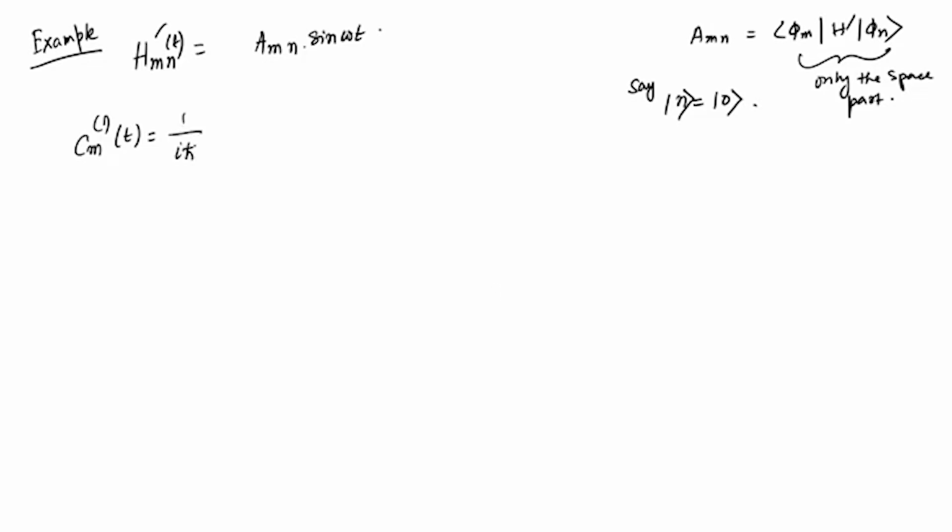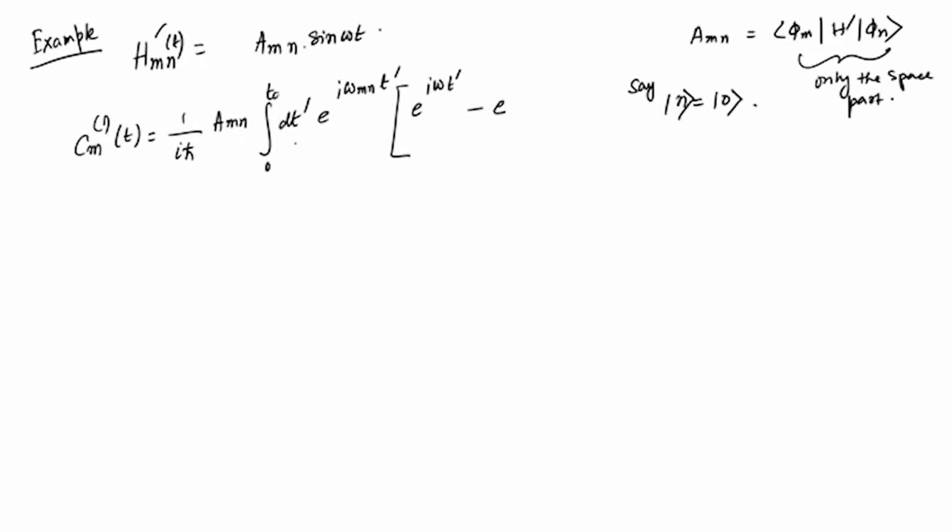And then what you have is 1 over iħ a_mn, integral from 0 to t_0 dt' exponential(i ω_mn t'), and what we do is that we replace this sine by its exponential forms, which are exponential(iωt') minus exponential(−iωt') divided by 2i, and that is basically the sin ωt part.